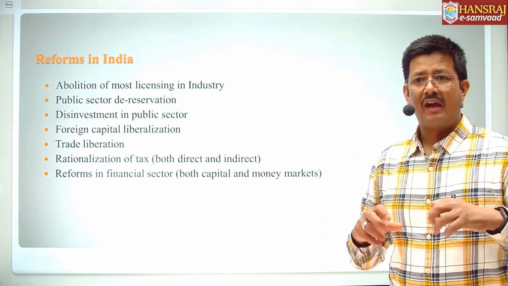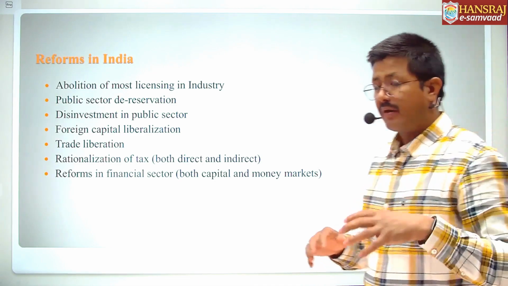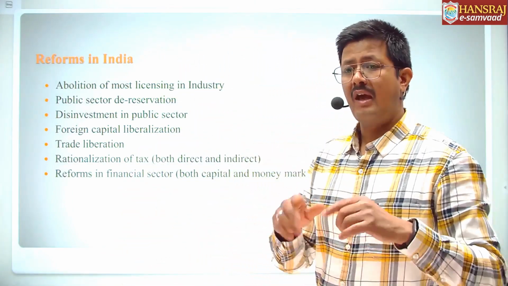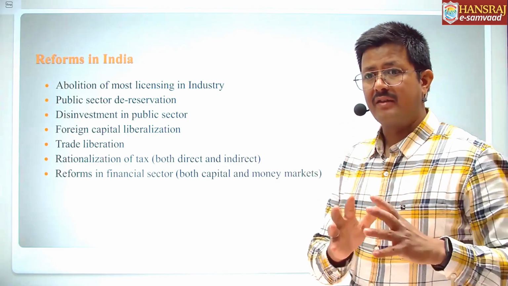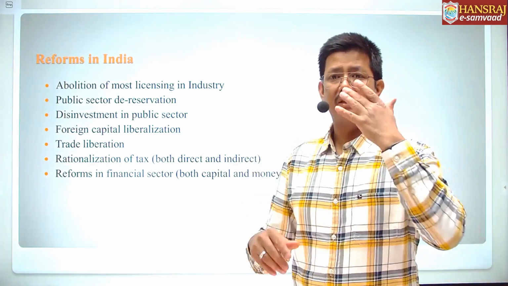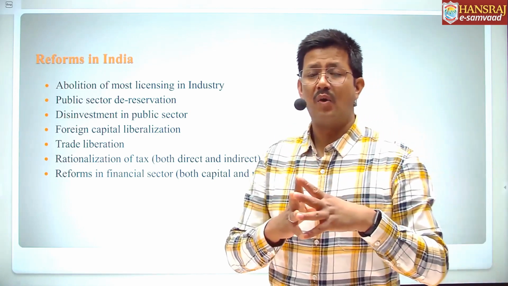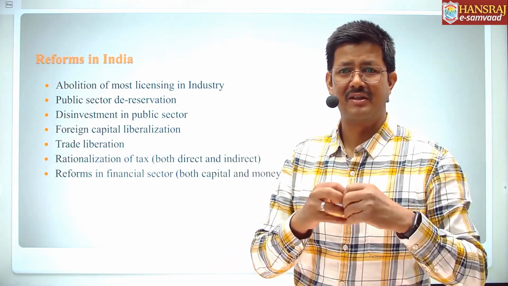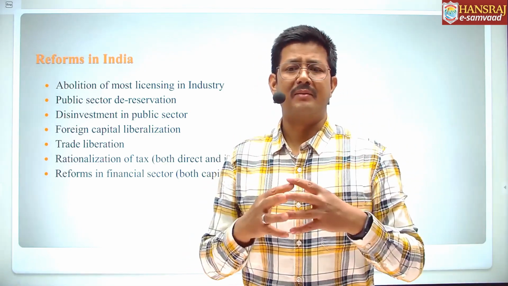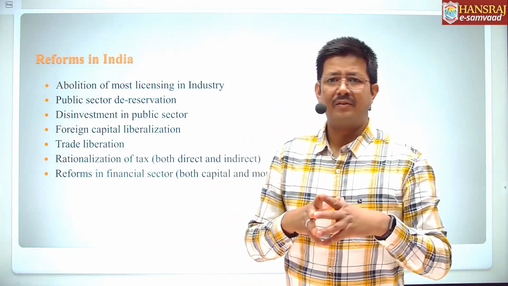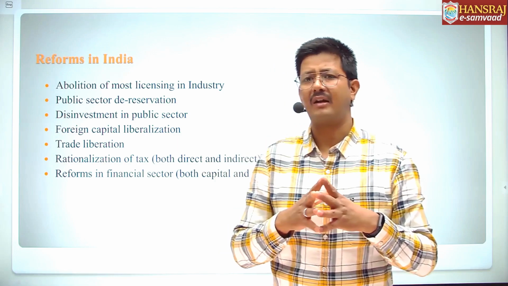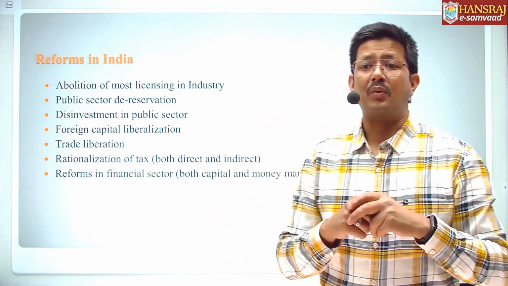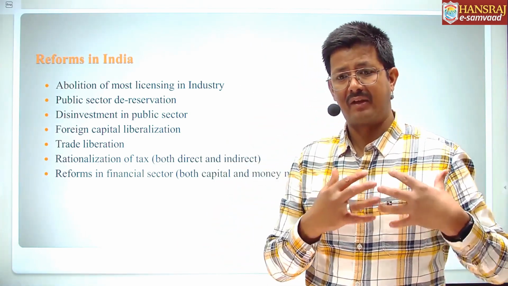Now, India started the economic reform quite late as compared to China. China started in 1978, and India, after the economic crisis of the 1990s, started its economic reform in 1991 with abolition of most licensing in industries, public sector de-reservation, disinvestment in the public sector, foreign capital liberalization, trade liberalization, rationalization of tax, both direct and indirect, and reforms in the financial sector to boost economic growth, because India faced a severe crisis during the 1990s.